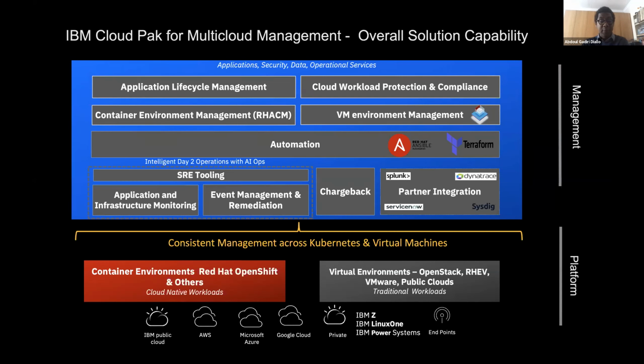So like advanced monitoring, application and infrastructure monitoring, the eventing, etc. So all these kind of things are also provided in a consistent way, going from the application level to the infra where the application is running. The other topic that is also important here is the chargeback capability that we provide.